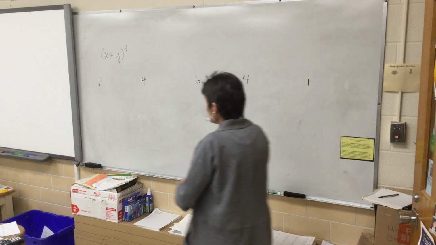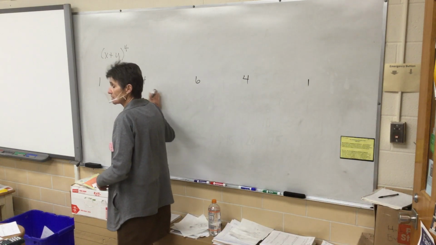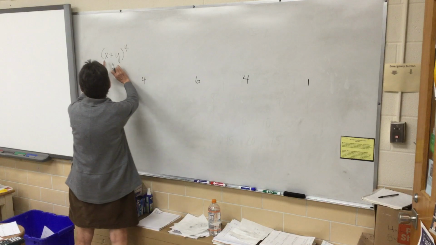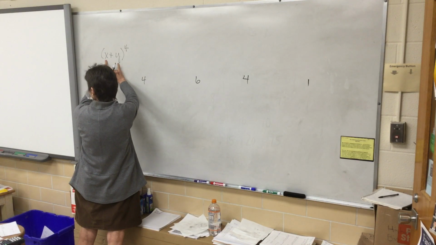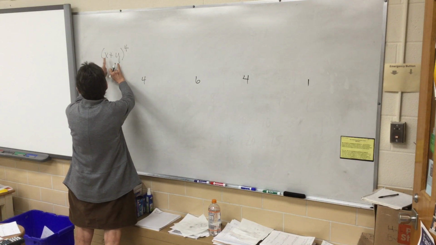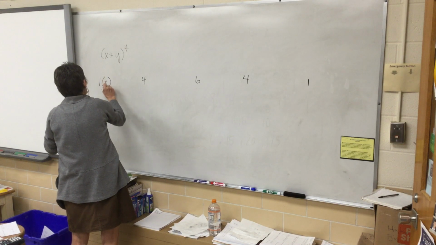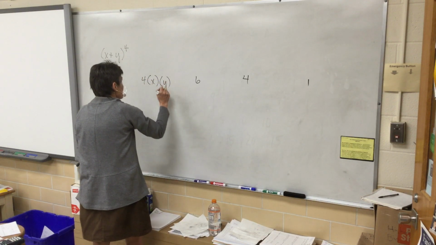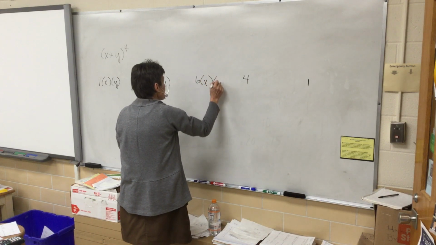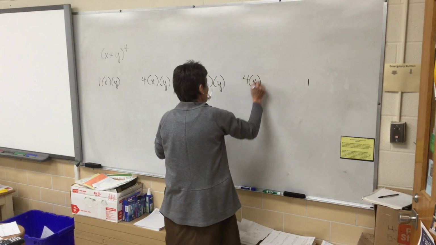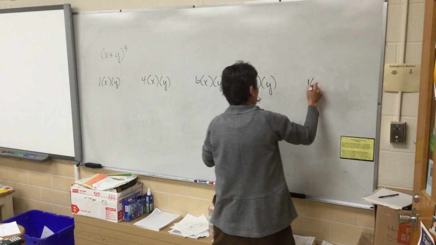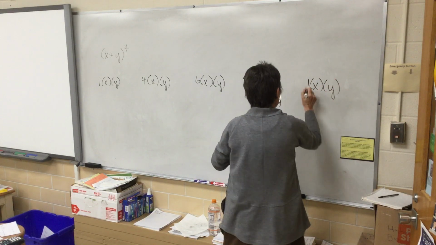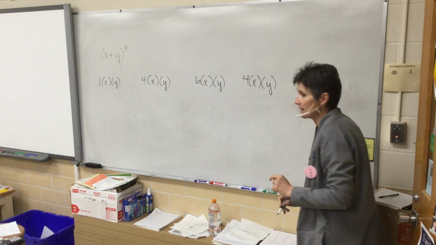Now, next to each of these numbers, I want you to put the two components of your binomial. So put an x and a y. And I think it's a good idea to get in the habit of putting them in parentheses. It won't really matter for this first problem, but it will for the others.